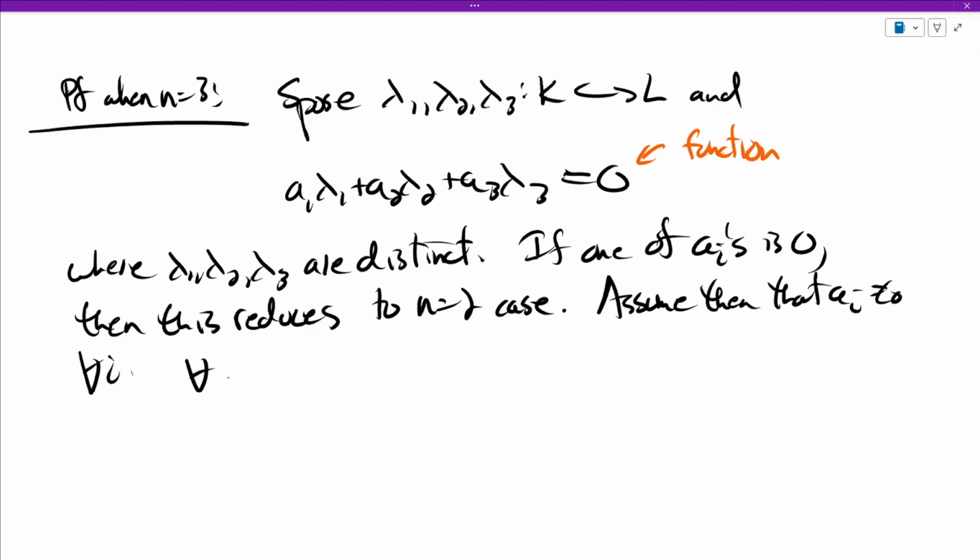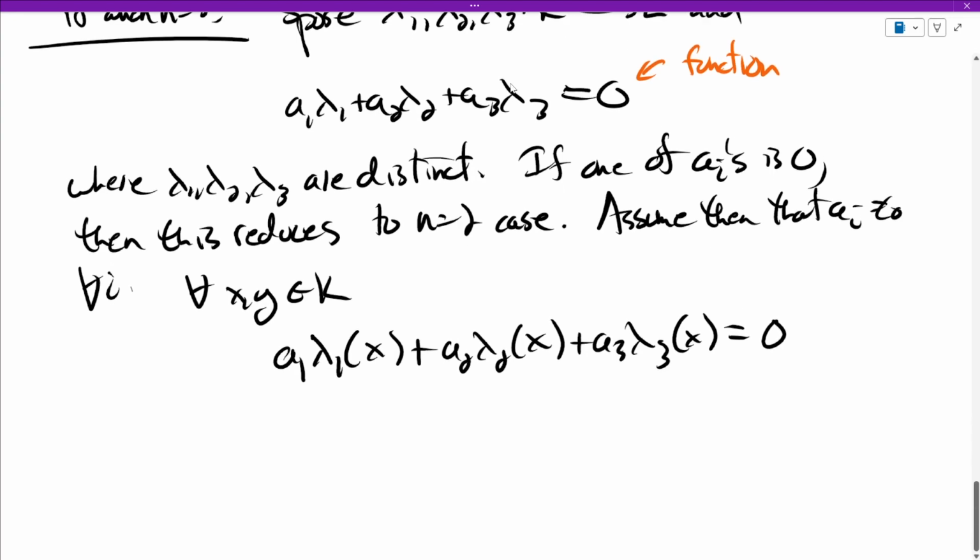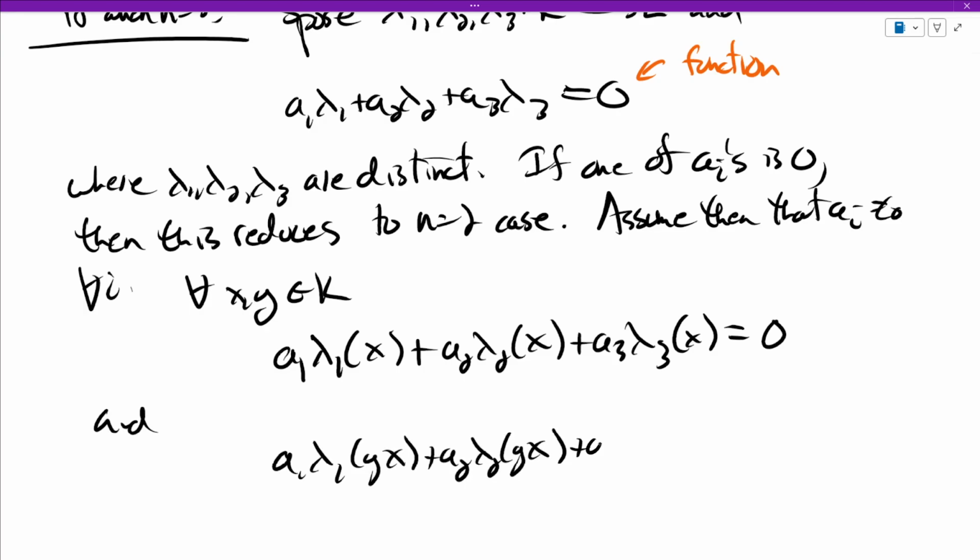Well, as in the n equals 2 case, for all x, y in k, if we were to plug in just the x into each one of them, we would get what the 0 function does to x. The 0 function sends x to 0. And we can also substitute in yx as well, and we also get 0 for the yx.